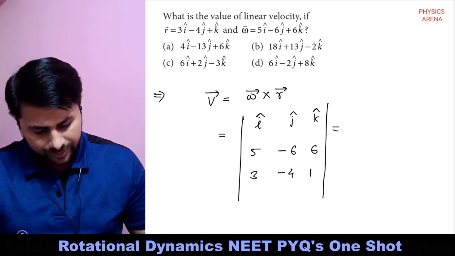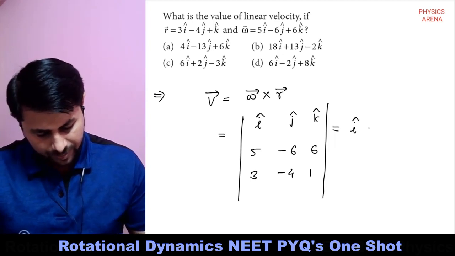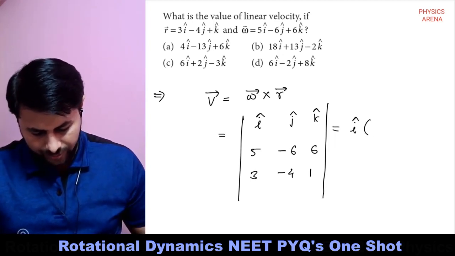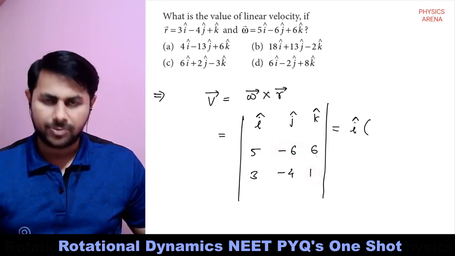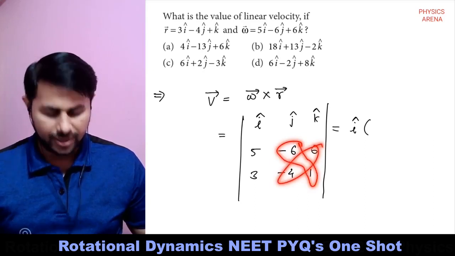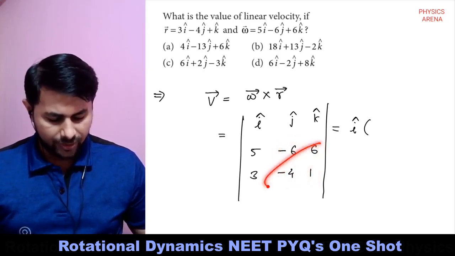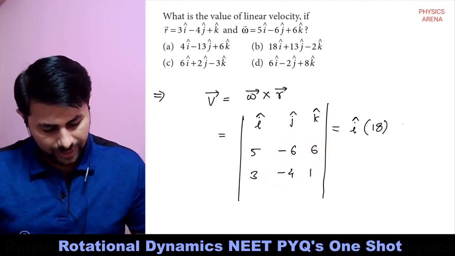So let's solve this. This is simple. This i cap multiplied by minus 6 times 1, minus 4 times 6. So that will become plus. So minus 6 times 1 is minus 6, plus 24. So that is 18. Right?